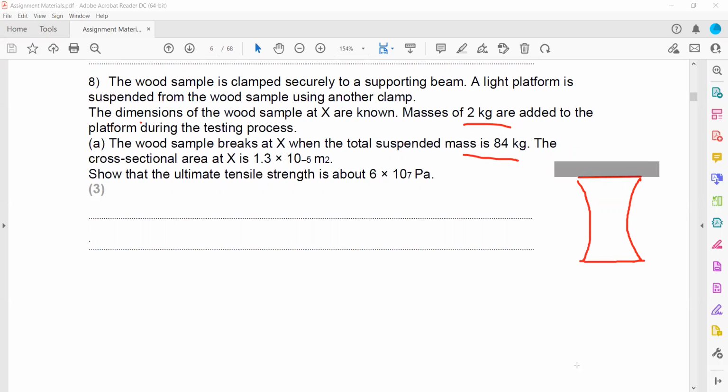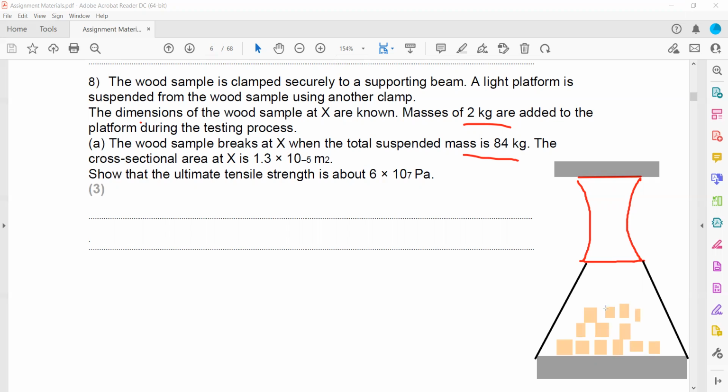And at the bottom, we have a platform on which we can keep the load. So every time we are adding 2 kilograms. First we add 2 kilograms and we see whether it breaks or not. Then we add a further 2 kilograms and check again. Then a further 2, and we continue this until the total weight which we added here is 84 kilograms. So when we add 84, this sample of wood will break down.